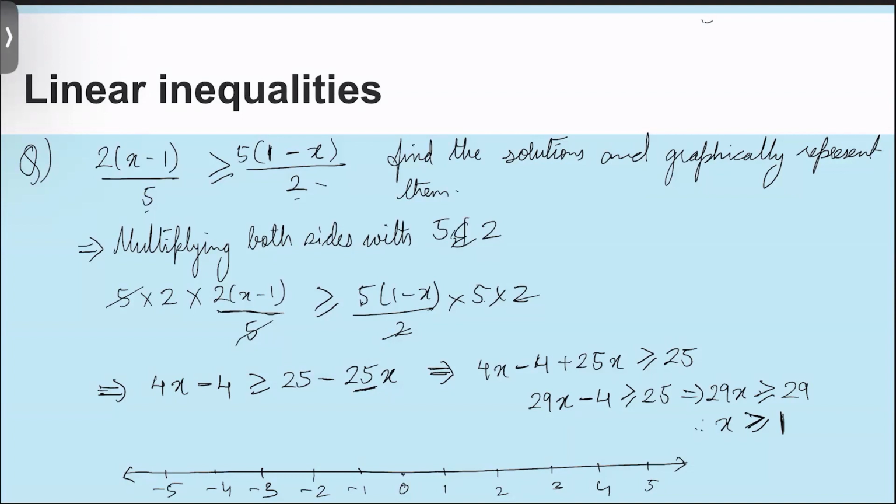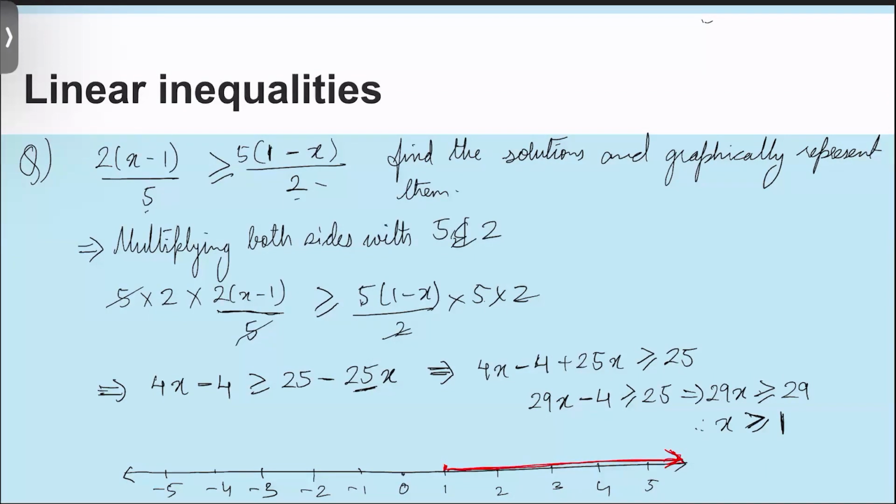So our solution is that x is greater than or equal to 1. So we will mark all the numbers on the number line from 1. Okay, so this is your graphical solution for this linear inequality.